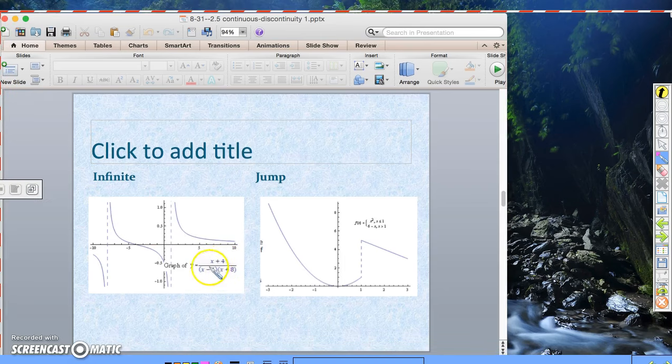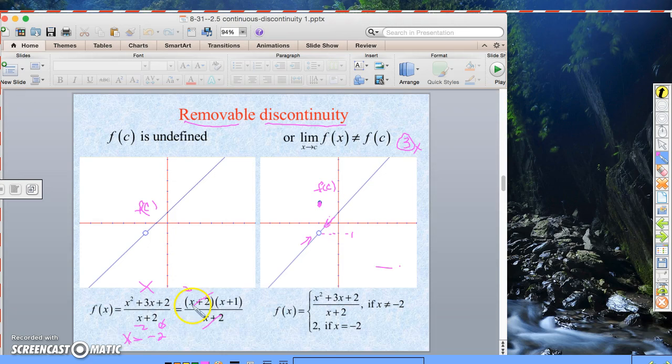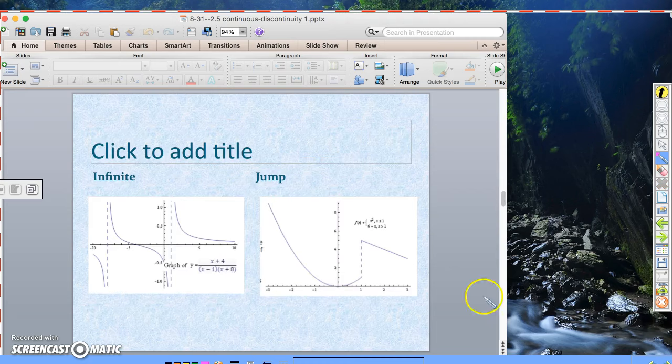Take a look at here. Notice x plus 4 divided by x minus 1 and x plus 8. This is fully simplified, but we cannot reduce because they don't have any terms that are the same. So unlike the previous one, where these two are the same and we can reduce, these are called removable. If you look at this one here, you cannot reduce them. See that?